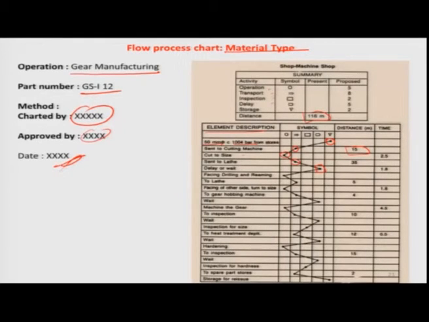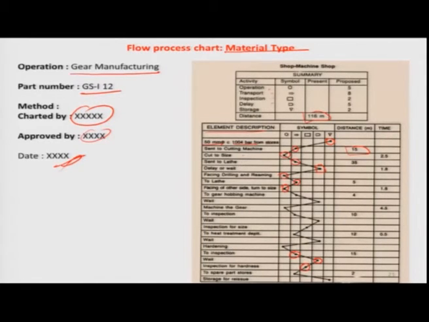Okay. There will be some operation at the lathe, again transportation, again facing on the other side, turn to size, again an operation. So, this is going on, and finally after heat treatment, wait, hardening, and inspection, you will have to inspect every property, so that the gear can be sold.